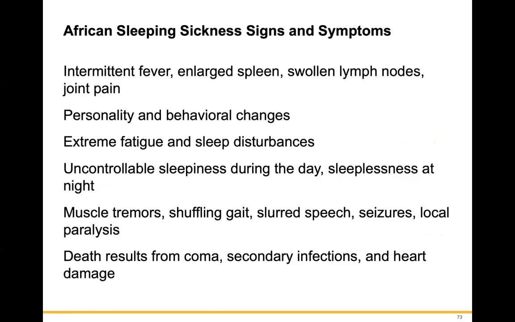The symptoms of African sleeping sickness are intermittent fever, enlarged spleen, swollen lymph nodes, and joint pain. You can have personality and behavior changes, extreme fatigue and sleep disturbances, uncontrolled sleepiness during the day, sleeplessness at night, muscle tremors, shuffling gait, slurred speech, seizures, and local paralysis. Oftentimes death will result from a coma, secondary infections, and heart damage.